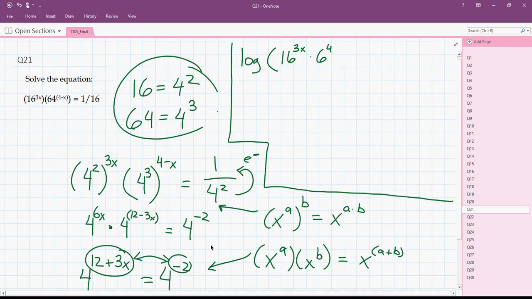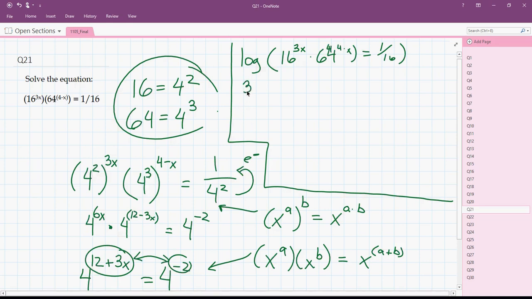Whoops, that should not be there. Oh, 64 to the 4 minus x is equal to 1 over 16. So if we take the logarithm of everything, the log of multiplications becomes addition. The log of exponents becomes multiplication in front.